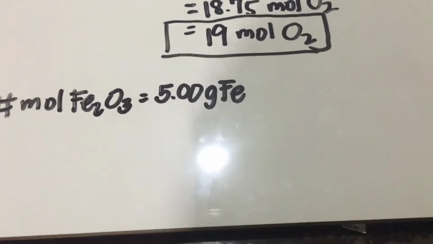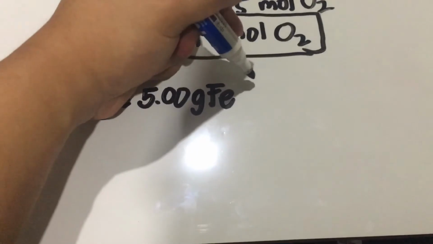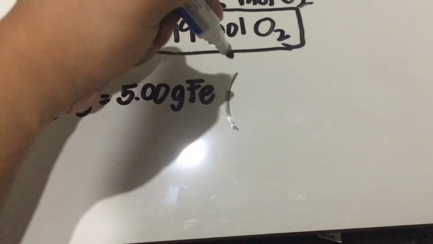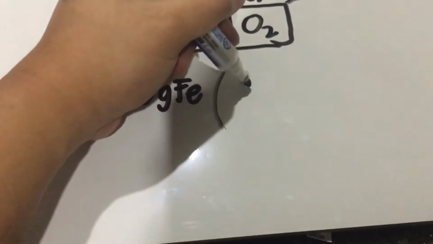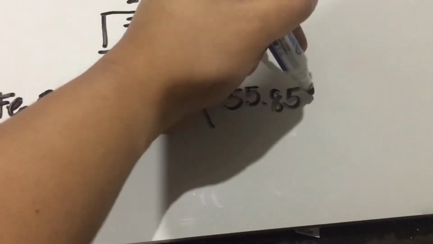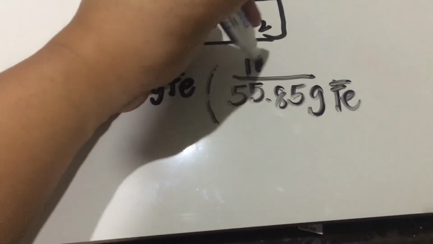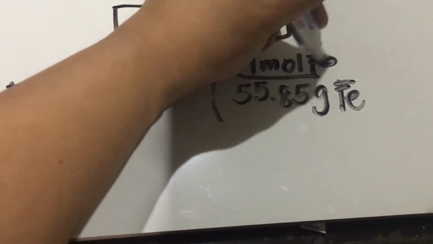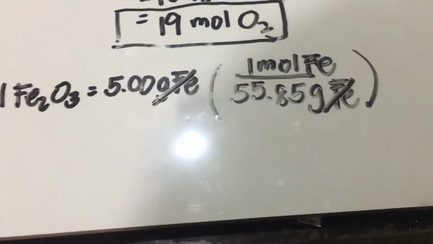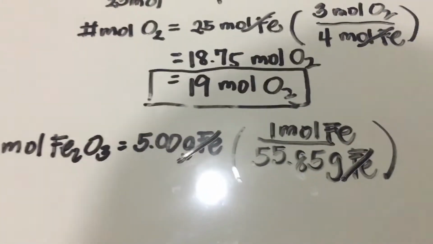Now take note that we are given the amount in grams of iron, so we have to cancel this one out using the molar mass. In the problem, the molar mass of iron is 55.85. So we place 55.85 below. So this is grams Fe, and then 1 mole of Fe. Alright, so in that manner we can cancel grams of Fe. And then after that, we now have the number of moles of iron.